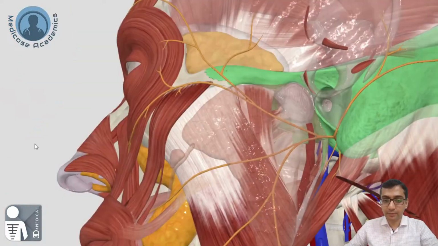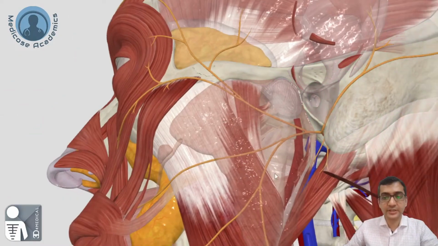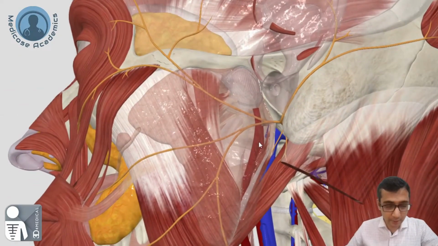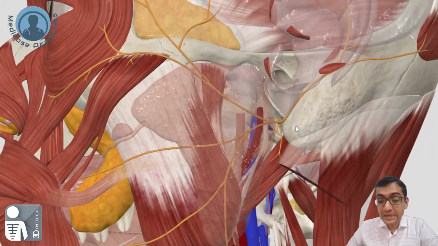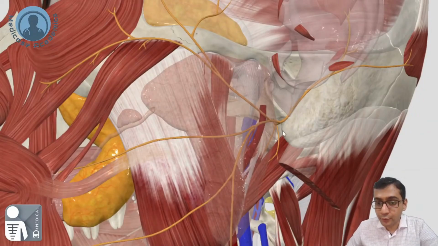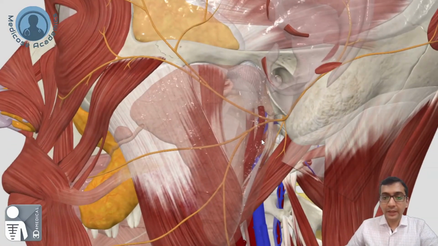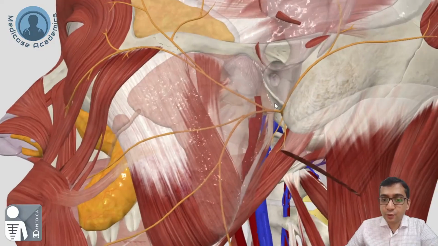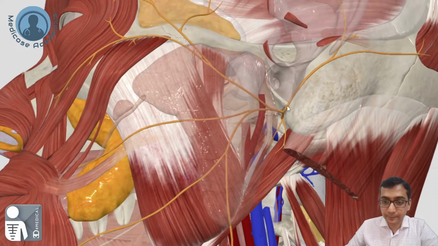However, the thing that you have to remember is that in newborns, the mastoid process is not well developed, I'm sorry for that. So at this point the nerve is vulnerable to injury during forceps deliveries. Here, it gives two branches before entering the parotid gland.